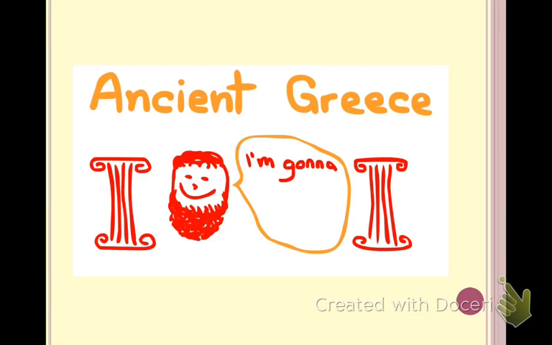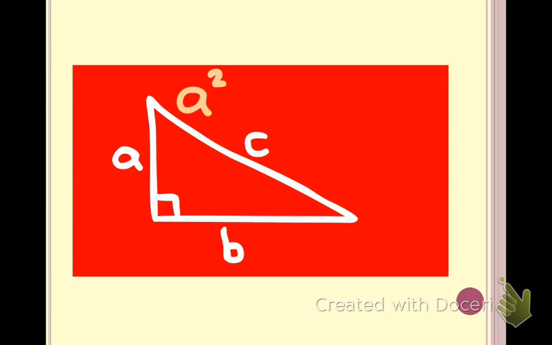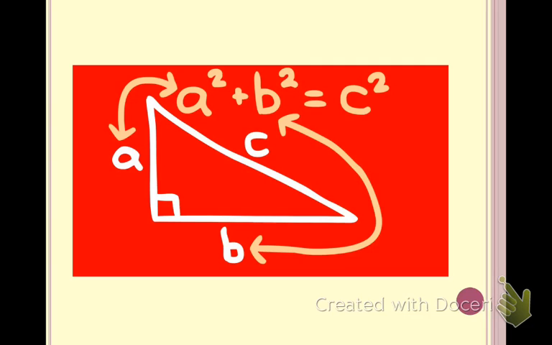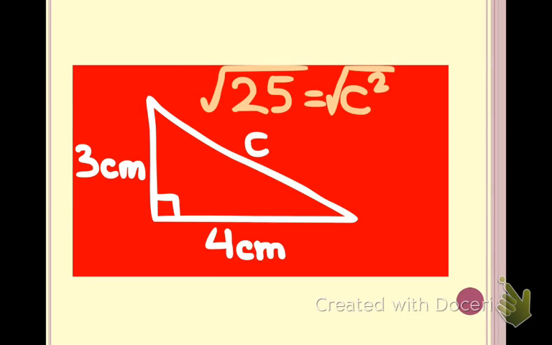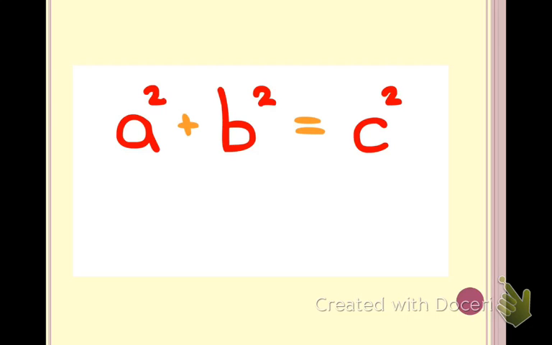Pythagoras is gonna show you why. A squared plus b squared equals c squared. C is the length of the hypotenuse. A squared plus b squared equals c squared. A and b are the length of the other sides. The Pythagorean theorem is a delicate calculation.